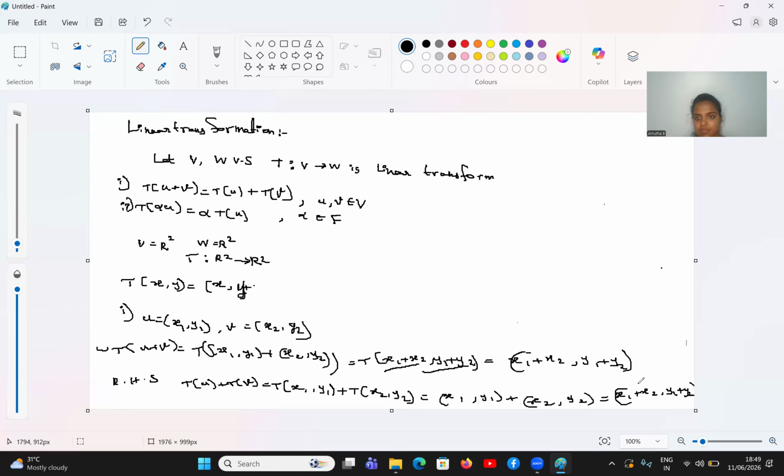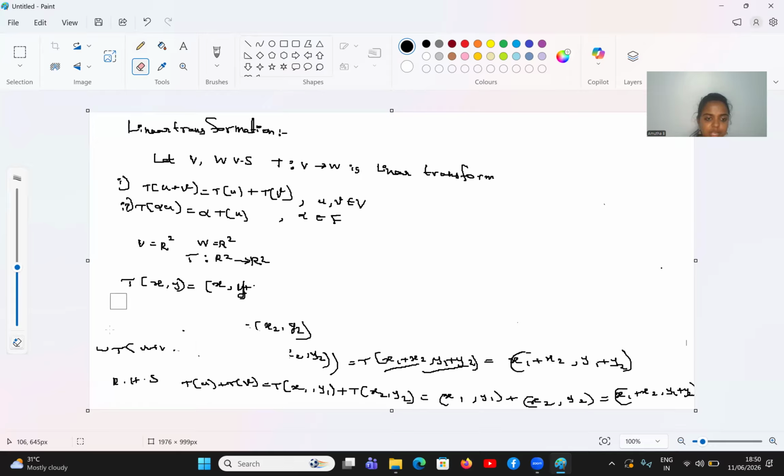First axiom is satisfied. So second, we can go for the second condition and check what will happen.